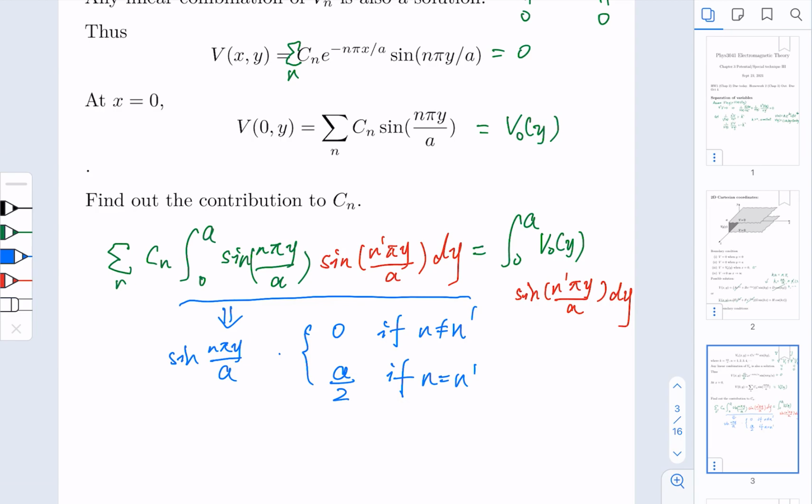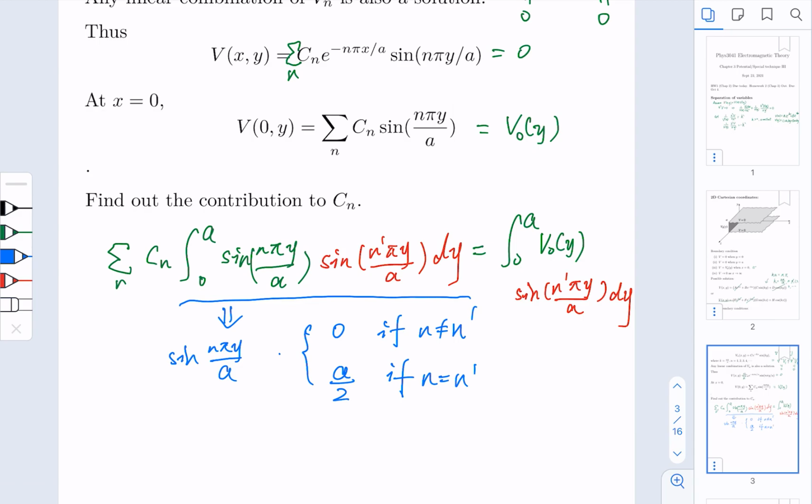You can try to work this out at home, but this means that this series of sine functions are orthogonal to each other, because the integral from 0 to a of sine n and sine n prime can be seen as a sort of inner product between the two functions.